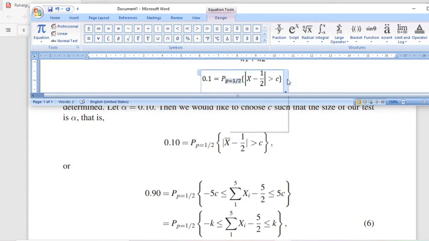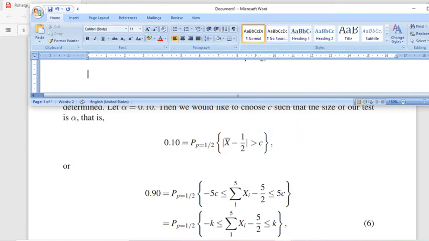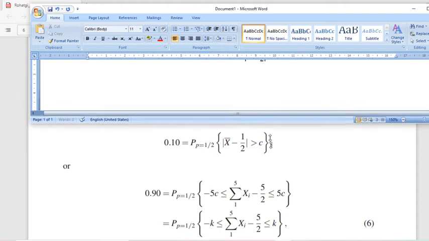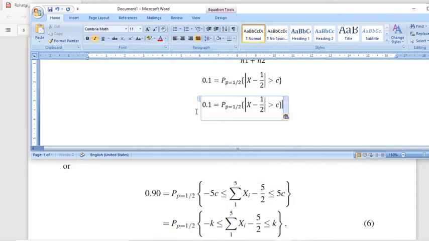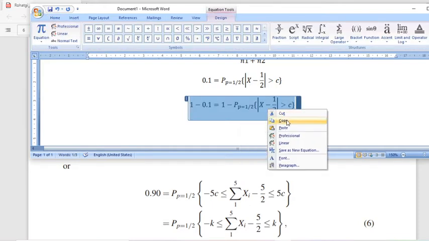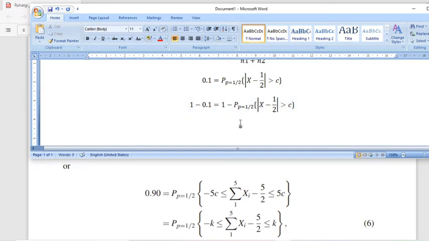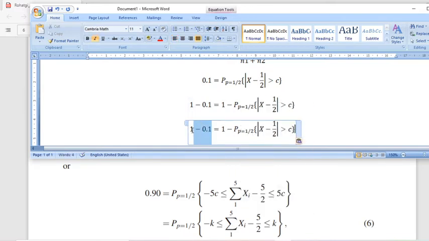So this is the formula. How can we solve this formula? Let us take the complementary region. What will be the complementary probability? 1 minus 0.1, that is 0.9.